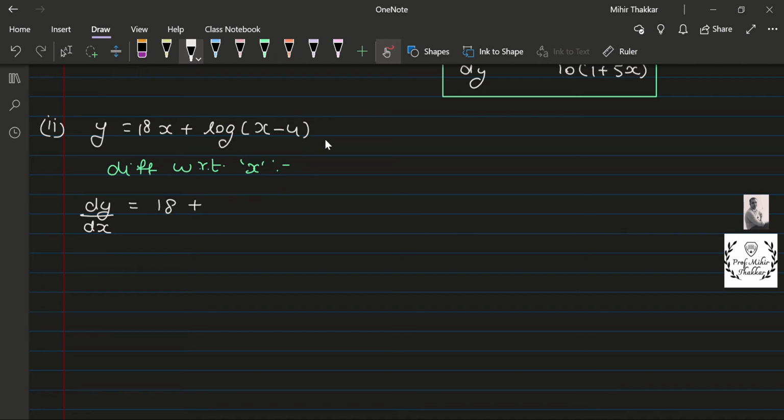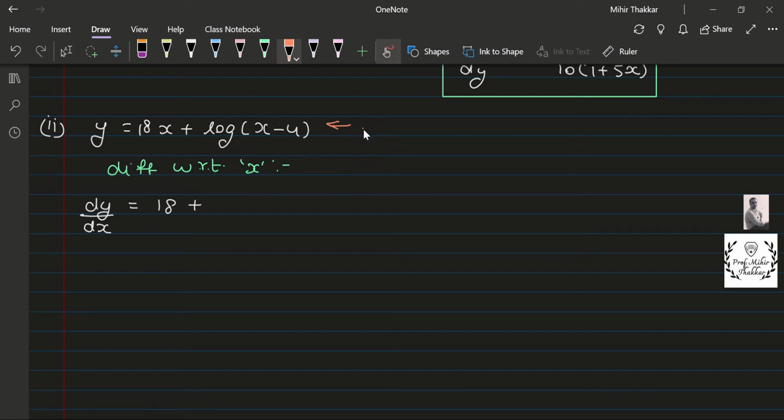Now this is a composite function. That composite function we have covered in our previous lecture, previous video, guys. I'll give the link of that video in my description box. Kindly check out that video if you have not seen the composite functions video. You will get a clear idea of how to find the derivative of composite functions.